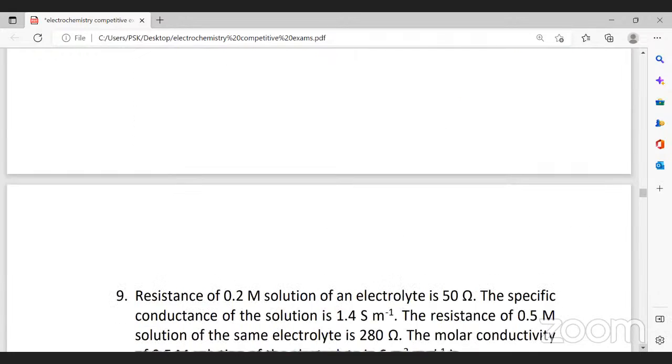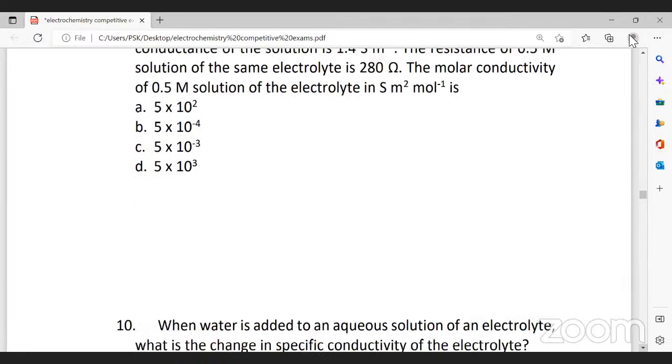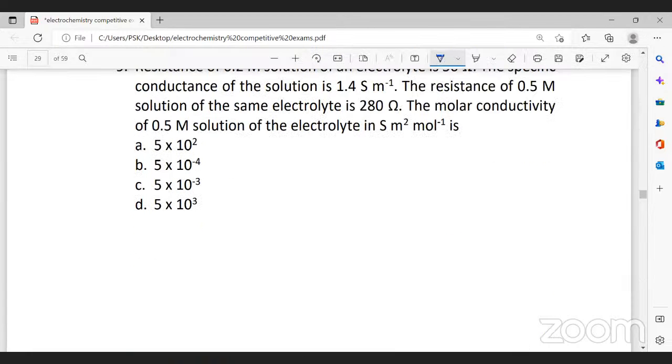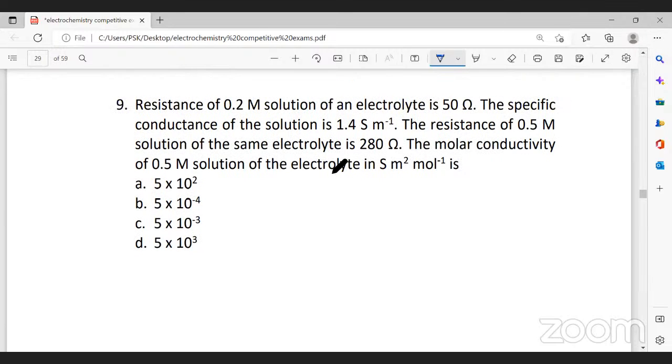The next question, and then we will go to the next part of the topic. The resistance of a 0.2 molar solution of electrolyte is 50 ohms. So resistance they've given us is 50 ohms, and also they've given the concentration to be 0.2 molar.